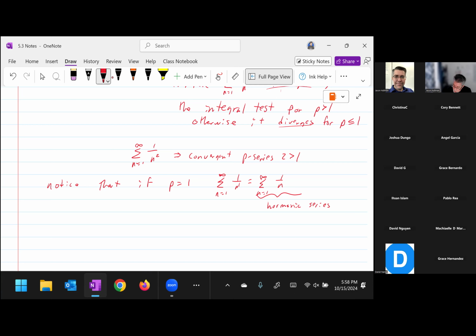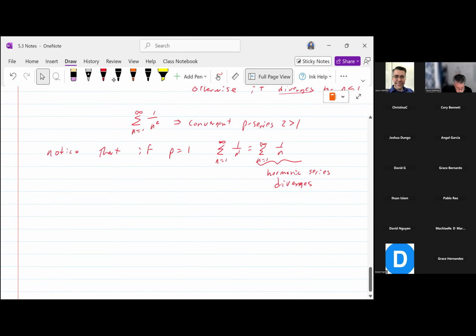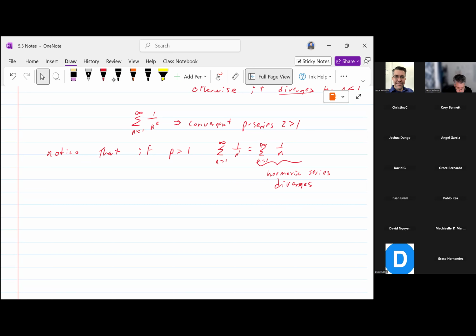Yeah, it diverges. Another way that you could prove that the harmonic series is divergent, look at the integral test here.